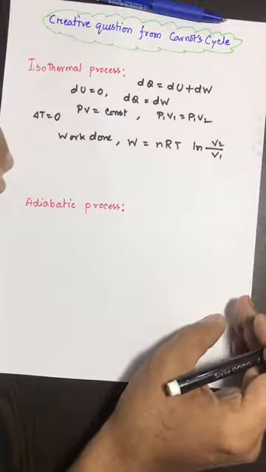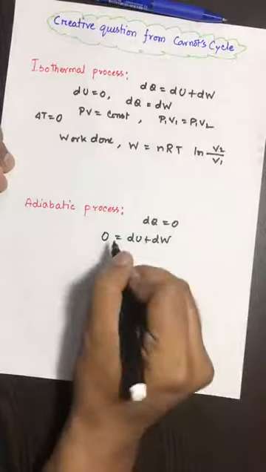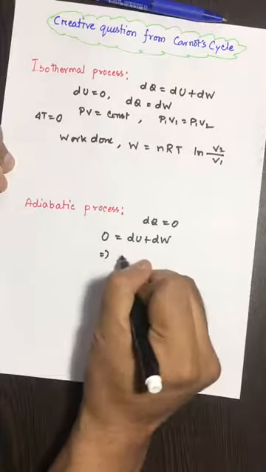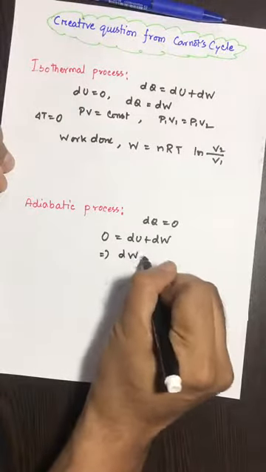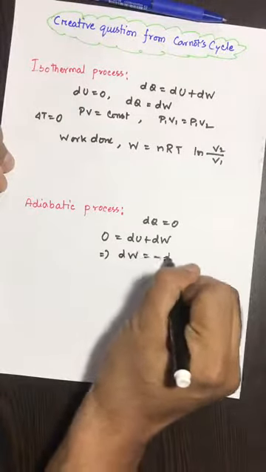From the first law of thermodynamics, we can write 0 equals dU plus dW. So what is coming in is dW equals minus dU. The negative work done means the system is getting cooler.